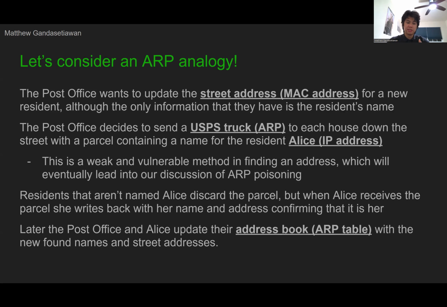So residents that aren't named Alice will discard the parcel. And when Alice receives her parcel, she will write back with her name and address, confirming that it is her. And then the post office and Alice will update their address books with the newfound names and street addresses from the headers we talked about earlier.